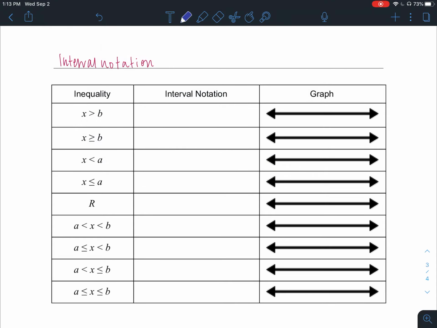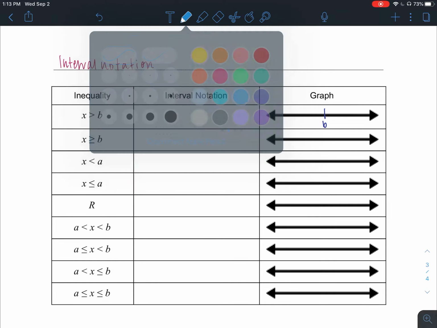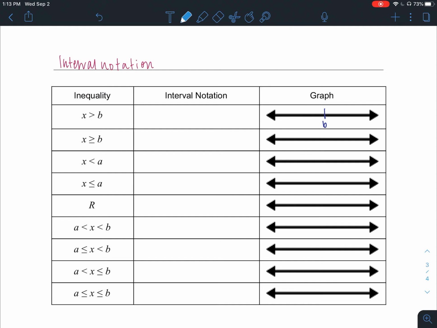Okay, so if I have an inequality, x is greater than b, b could be anything. It could be 10, any number. Here I'm going to put b on my graph. I have a greater than symbol, so x is greater than b, and so I have an open dot.